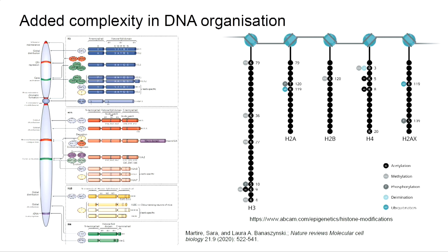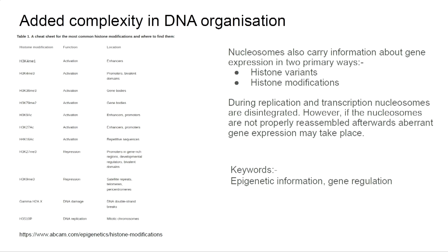If genes which are supposed to be switched off are now switched on, or vice versa, you are not going to have a good time. So keeping the nucleosomal identity is very critical.